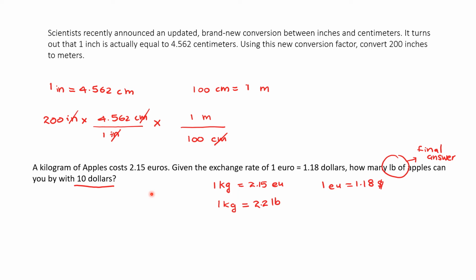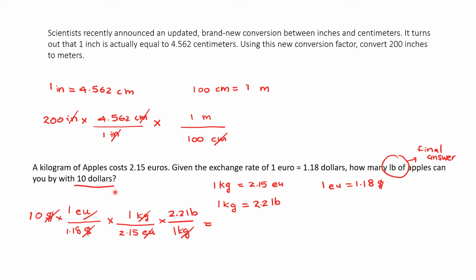And the information given are 1 kilogram worth 2.15 euros and 1 kilogram equals 2.2 pounds, and this is also given, 1 euro equals $1.18. So we are going to use these connections to solve this question.